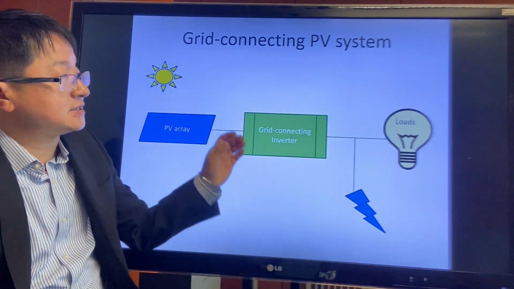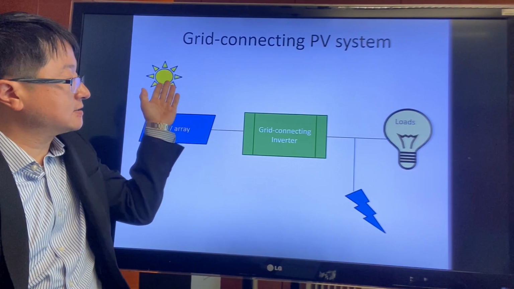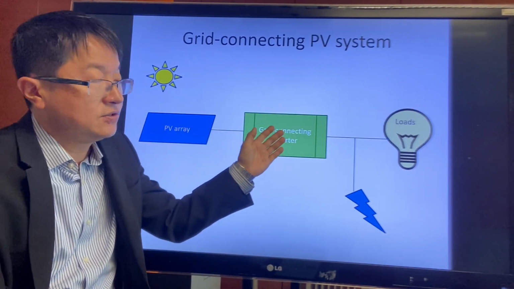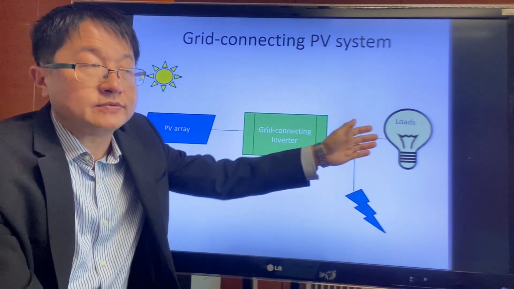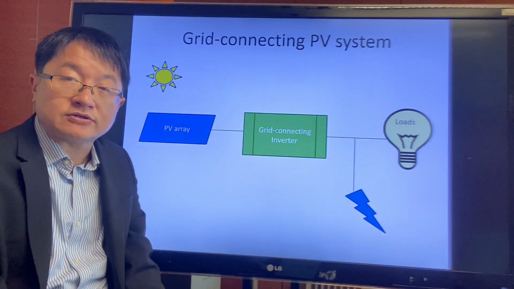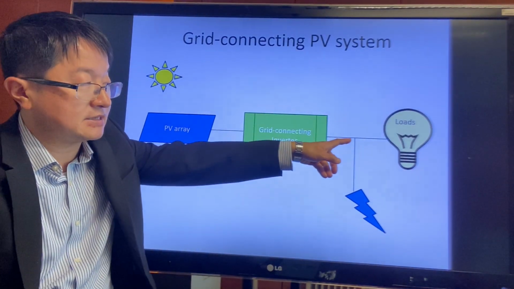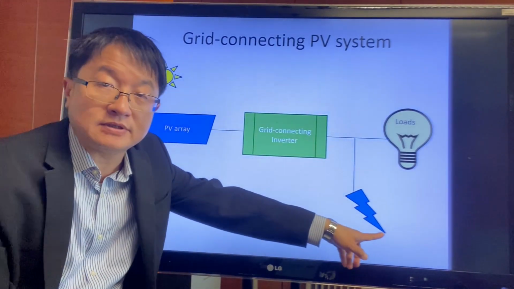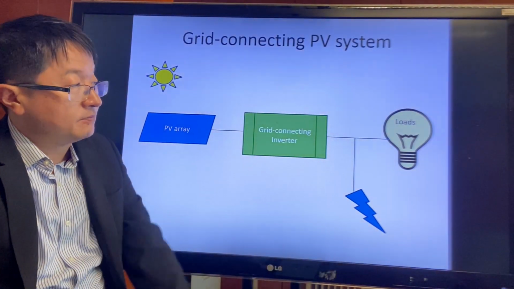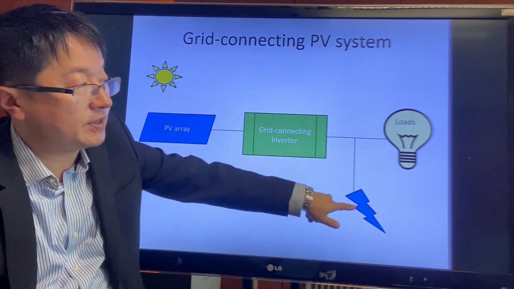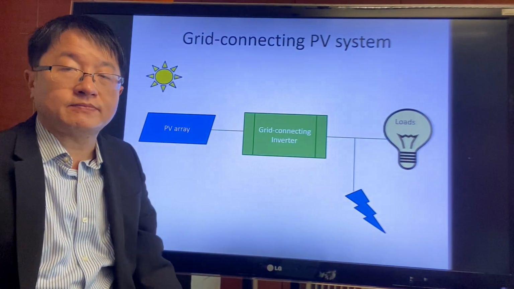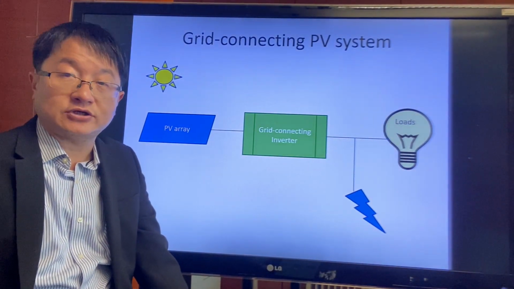So when there is sunlight, this energy can be used to power those electric appliances at home, or even excess energy can be sold back to the power company. But when there's no sunlight, the power company then provides power to you directly and charges your bill.